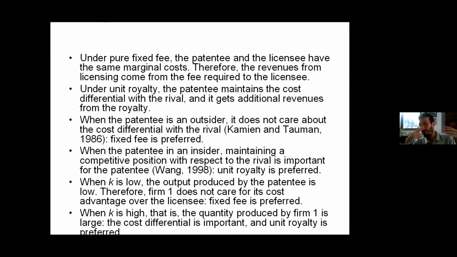We have done some preliminary analysis of this, and it seems that profits of the licensor, of the patentee, should be increasing with K. But I'm not sure about this, and we have to think more about that. If we endogenize the capacity constraint, and the cost of enlarging the capacity is not too high, the patentee would tend to increase the capacity constraint. But we have to think about it, of course.